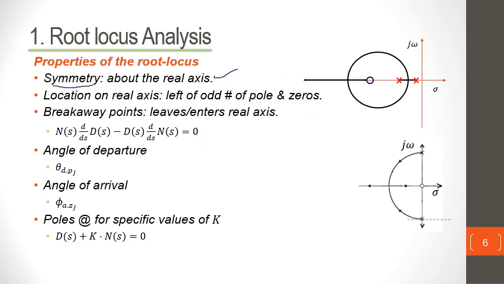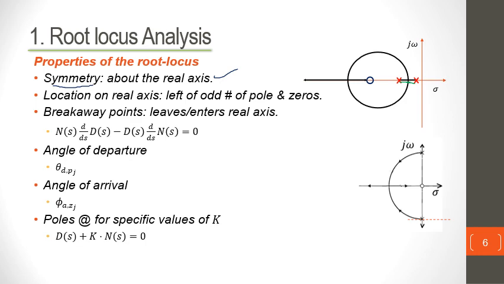So in this particular root locus, you have a pole here, and on its left, you have one pole. On its left, you will have the root locus, this portion. Let me show it in green. So you'll have this portion here, because it's on the left of one pole.